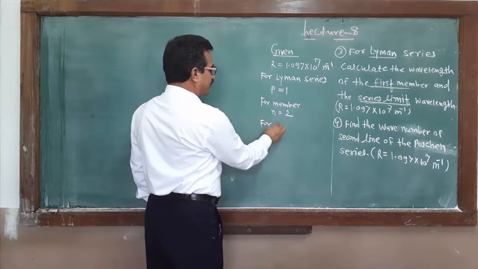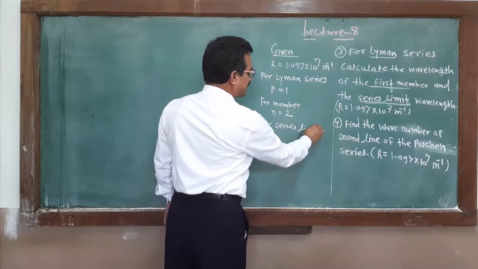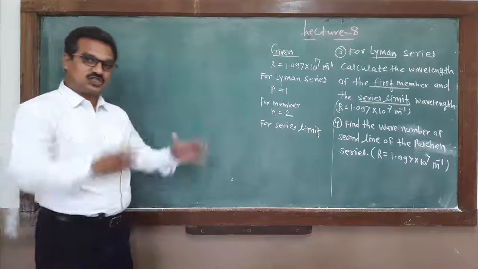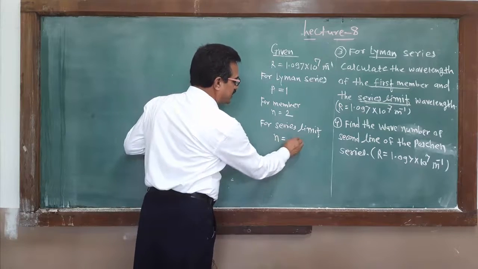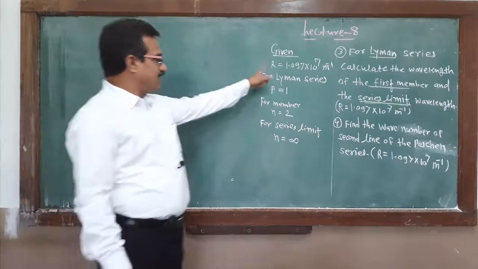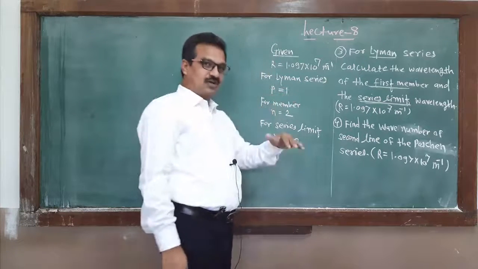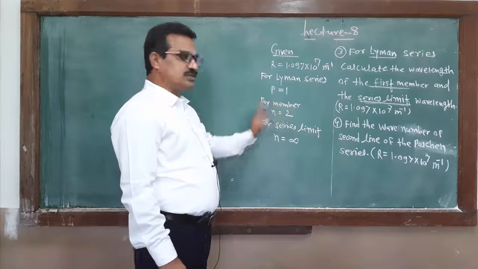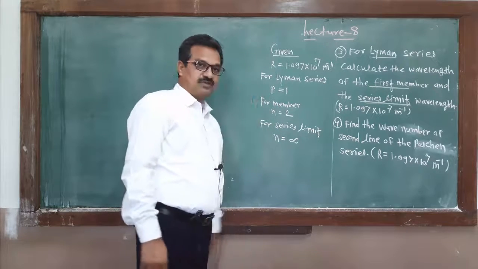For the series limit, it means the longest transition, which is the shortest wavelength, and for that the value of n is infinity. Remember this: the value of R is as given. For the Lyman series, p is equal to 1, inner orbit. For the first member, outer orbit n is equal to 2. For the series limit, outer orbit n is equal to infinity.